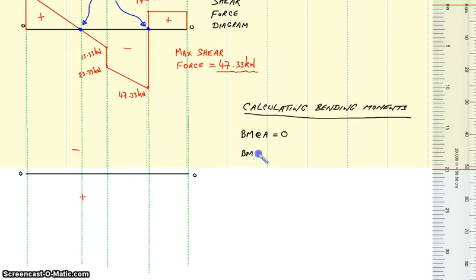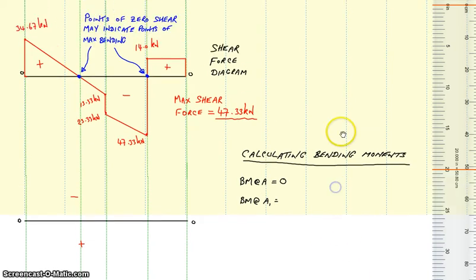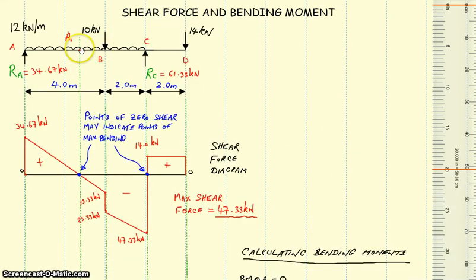Bending moment at A1, which is our next position, and if we go back up and take a look at point A1, we can ignore everything to the right of A1, consider only the loads or the forces to the left, which is going to be this reaction at A and this portion of UDL between A and A1.